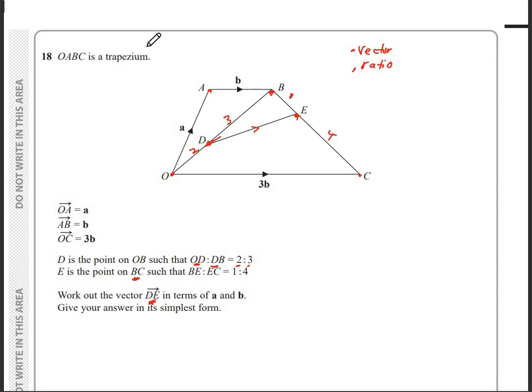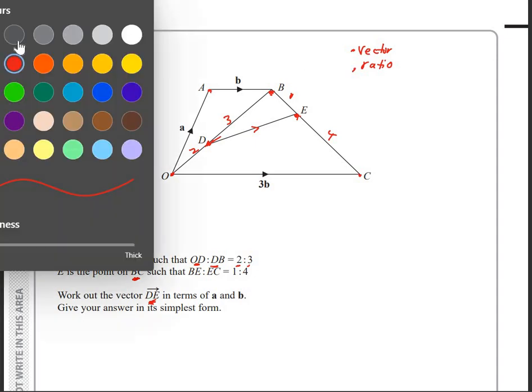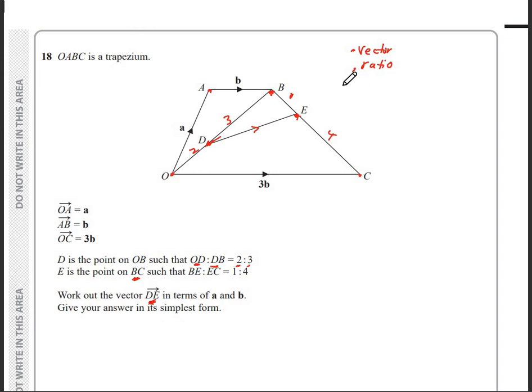So let's write this down as we go along. In order for me to find DE, I must find DB and BE.